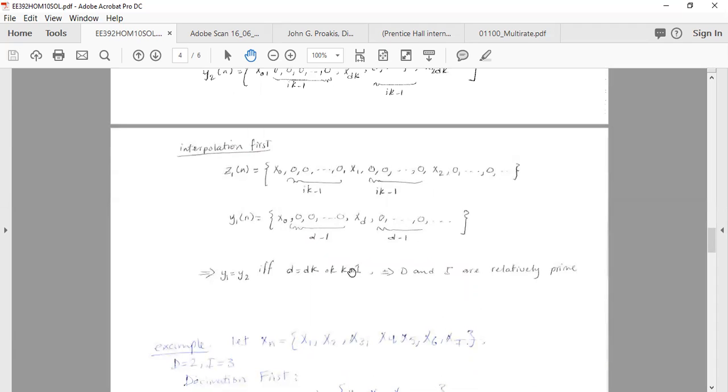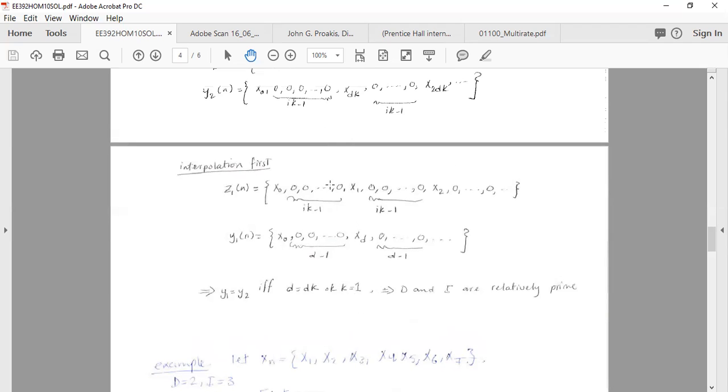So k has to be equal to 1. Sorry, y1 is equal to y2 if d is equal to dk, where k is equal to 1. That indicates d and I are relatively prime.